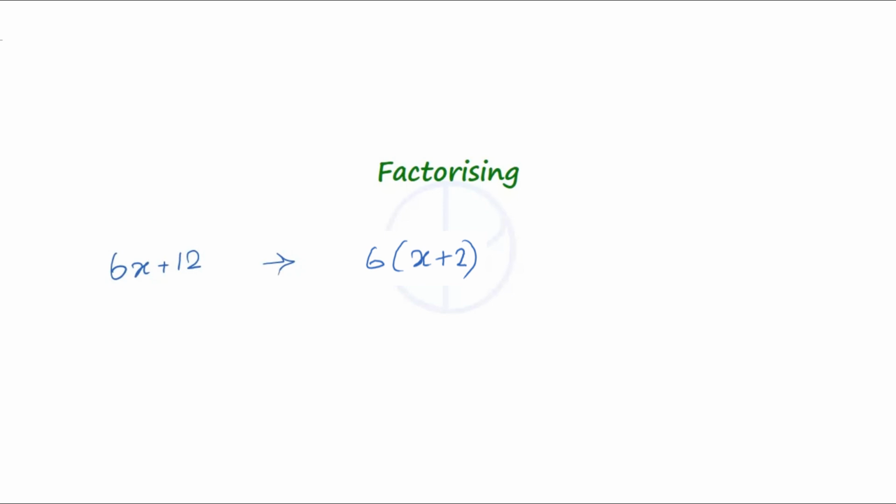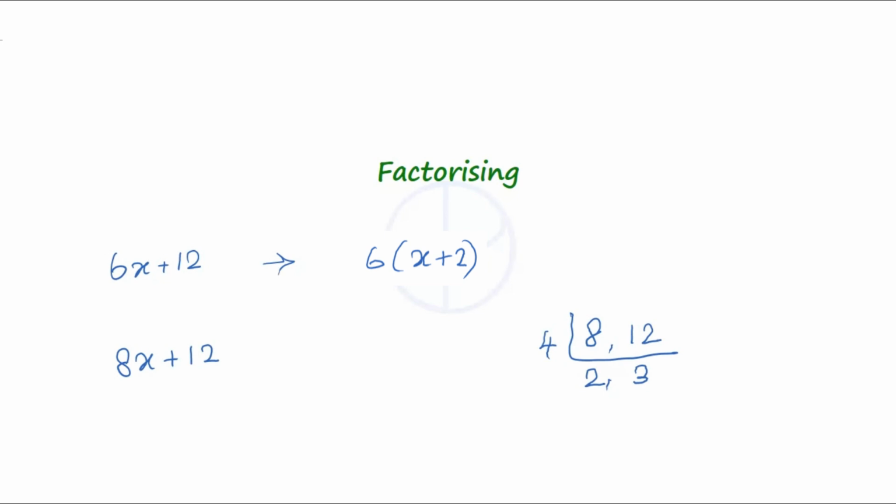Let's say we have 8x plus 12. First, find the HCF of 8 and 12. Divided by 4, we get 2 and 3. The HCF of 8 and 12 is 4.